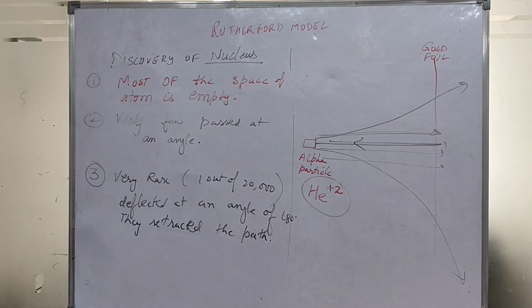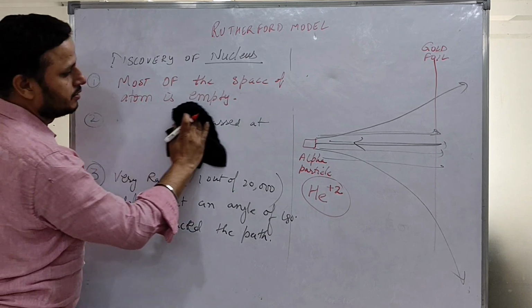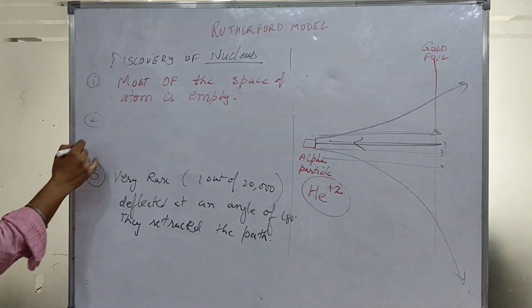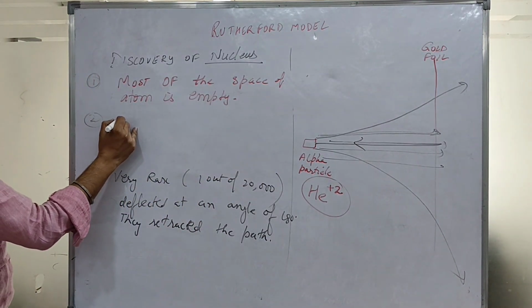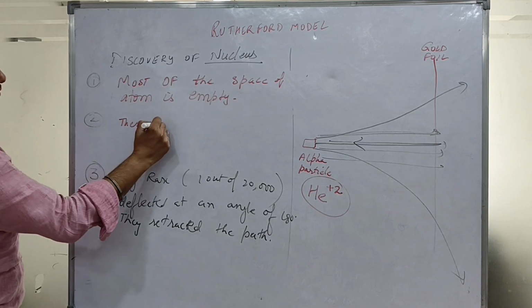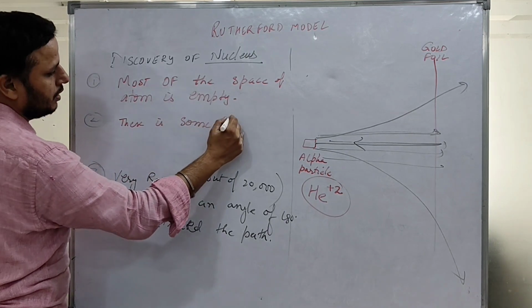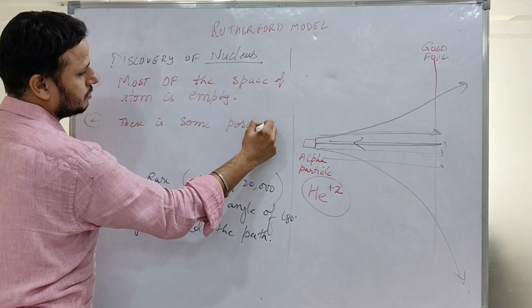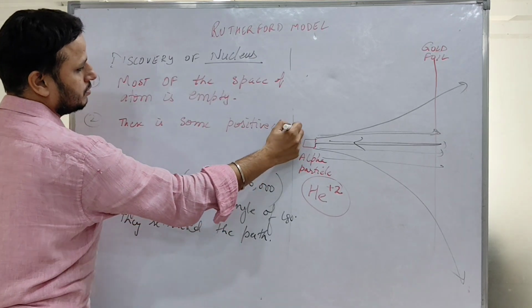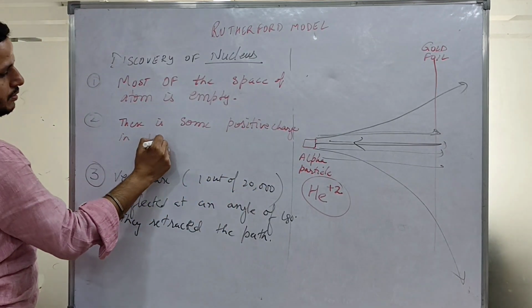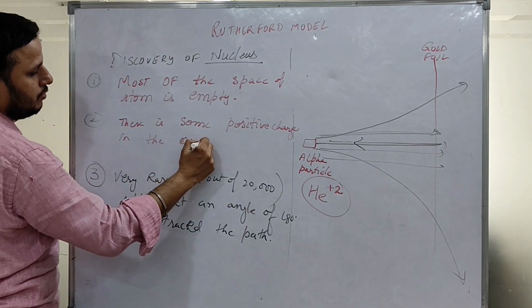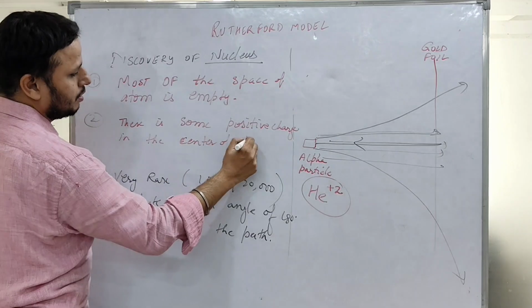Then, very few passed at an angle: the alpha particles are positively charged, so it means there is some positive charge in the center of the atom.